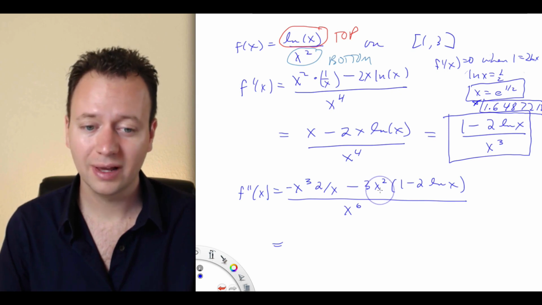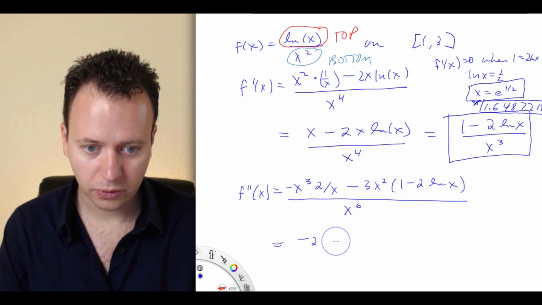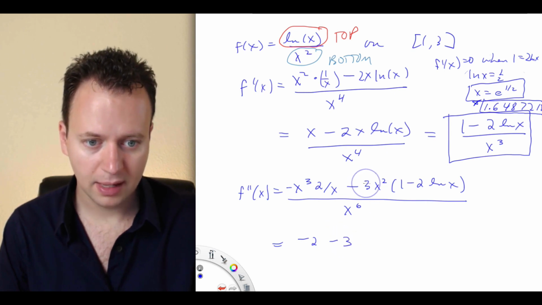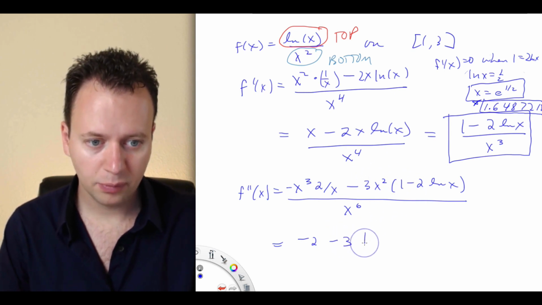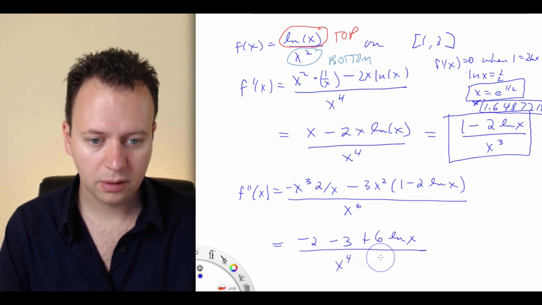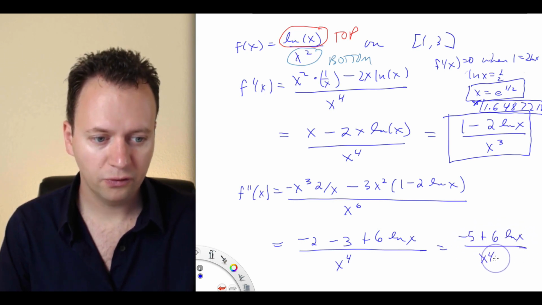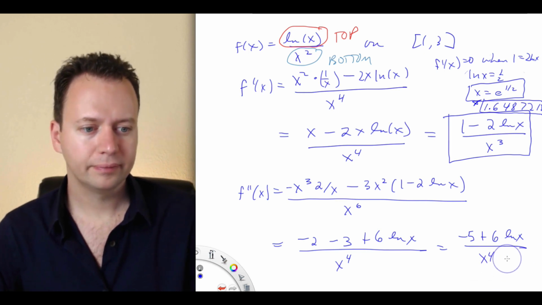I have an x squared here. The x squareds cancel with that, so we get minus 2, minus 3, this factors in, and then plus 3 times 2, 6 ln of x, all over x to the 4th. So this is the same as minus 5 plus 6 ln of x over x to the 4th.